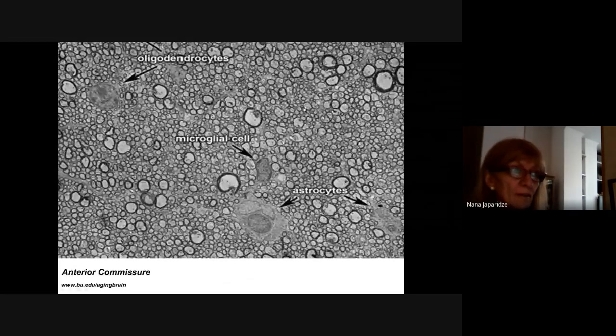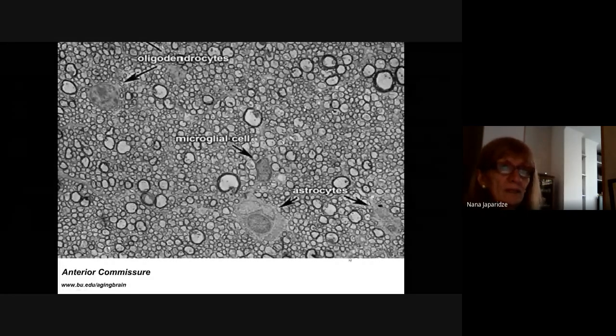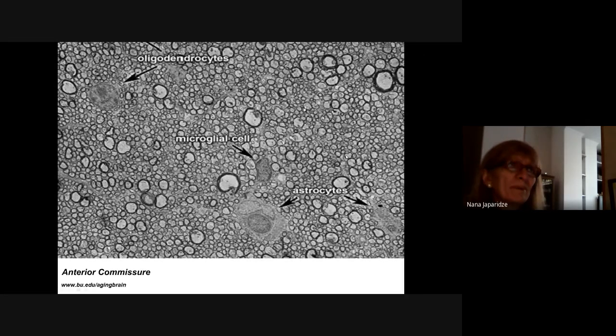Look, all these cells are surrounded with myelinated axons. You have to remember that in the white matter we can identify neurons too, but the amount, of course, is not so big as in different parts of gray matter.